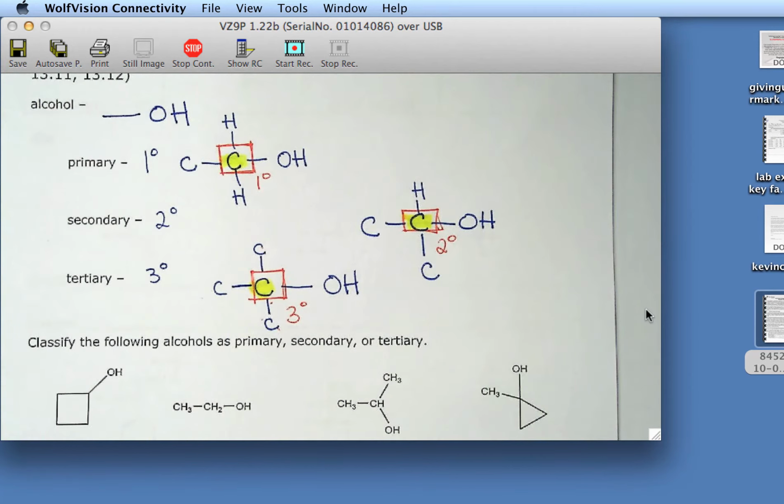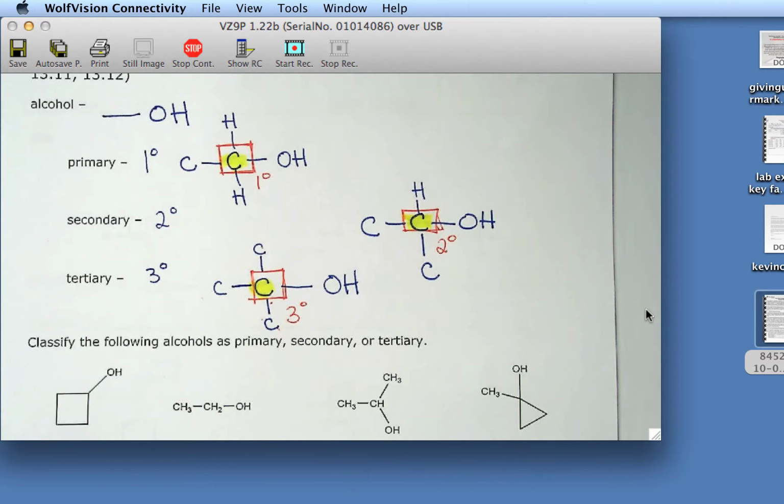So like I said, we could ask you to identify primary, secondary, or tertiary alcohols, but you will use this a lot more with reactions. Eventually we'll get to this point: primary and secondary alcohols can be oxidized, but tertiary alcohols can't.